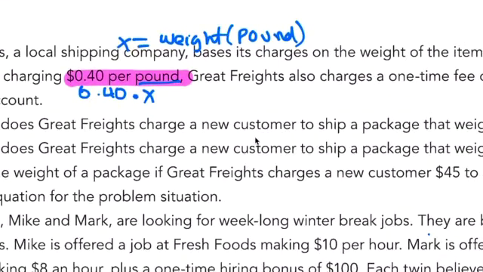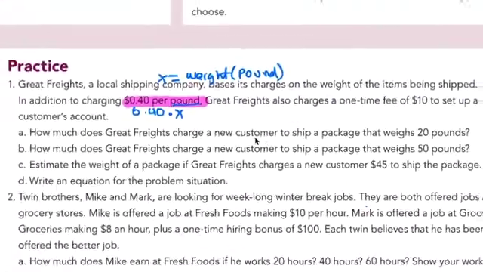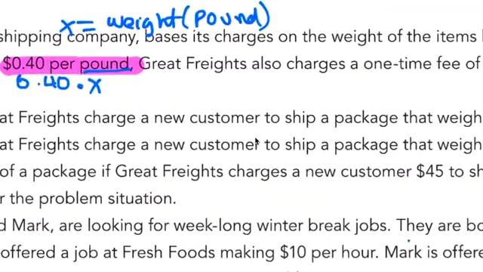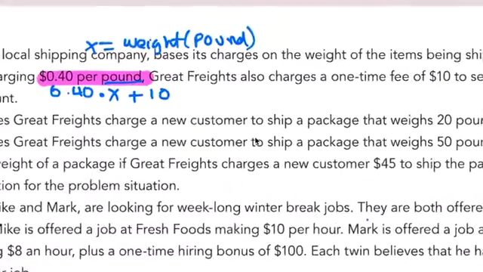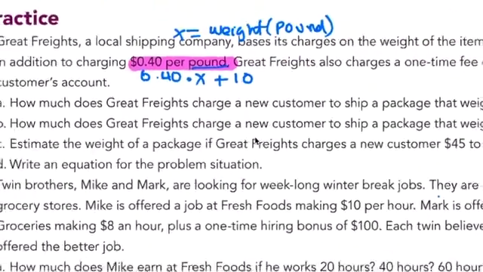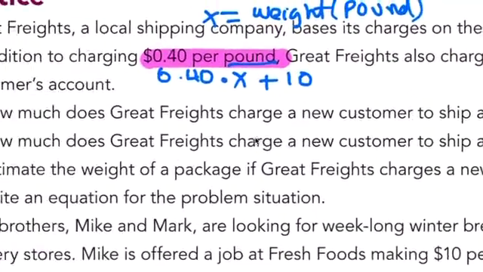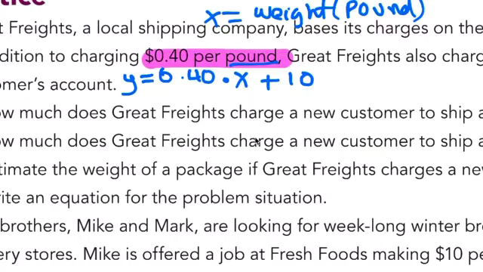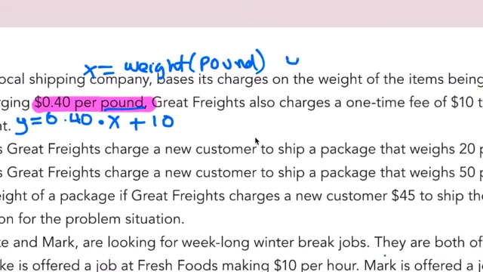Great Freight also charges a one-time fee of $10 to set up a customer account. So they add $10 always, so that's called a constant. And then we're trying to find your total cost, so y equals that. Then we need to put y represents the cost, or the total cost.